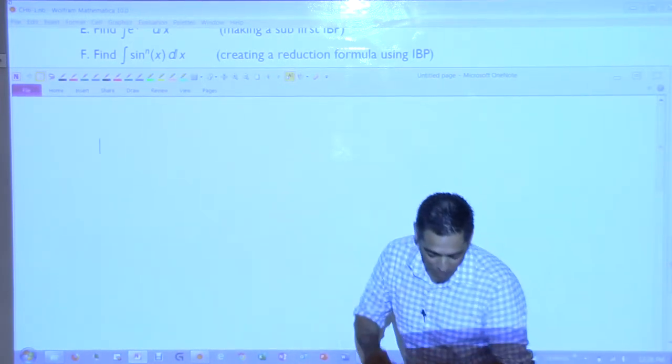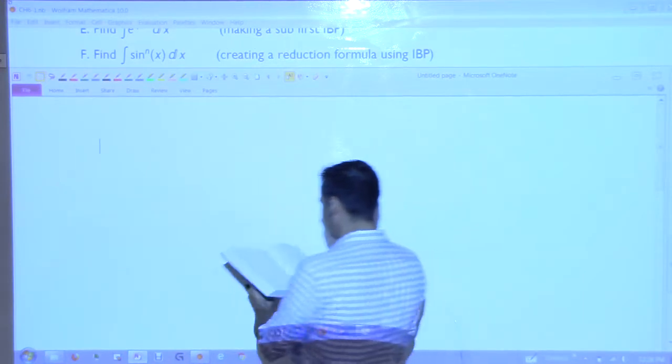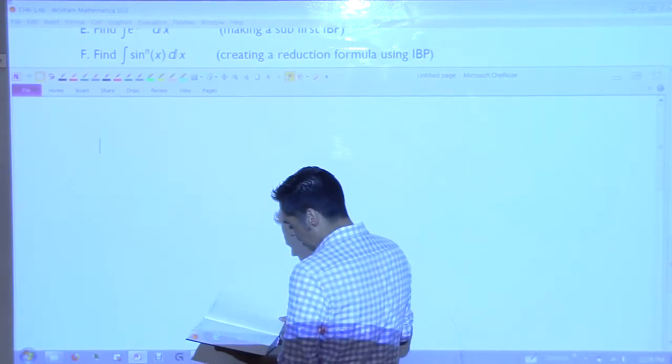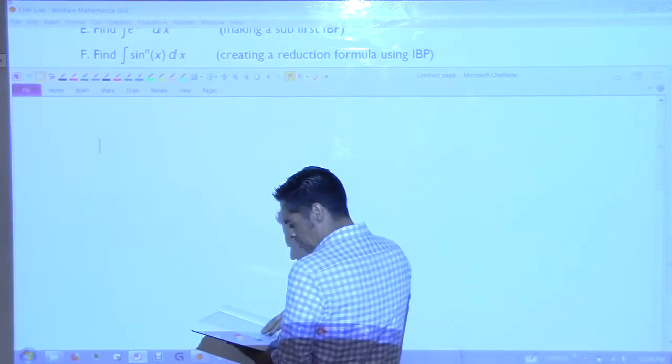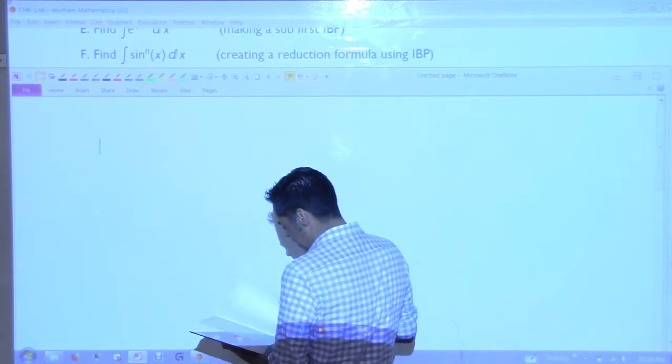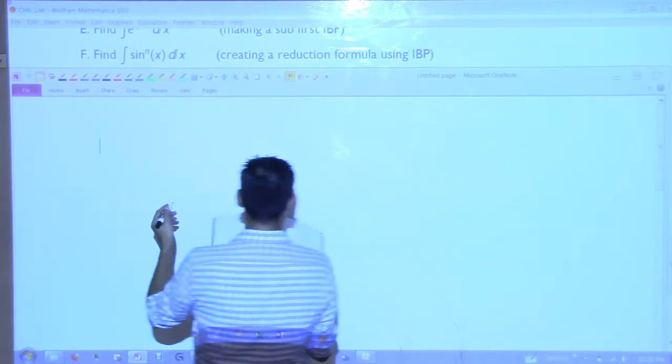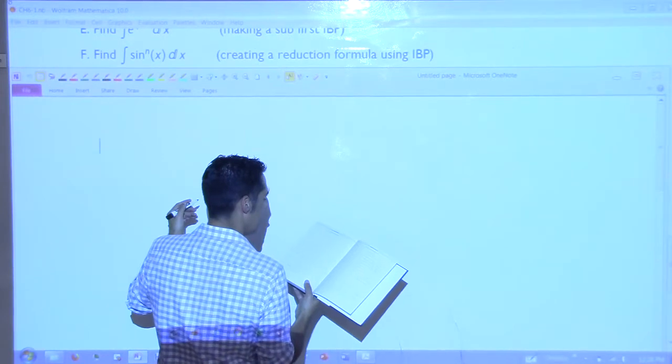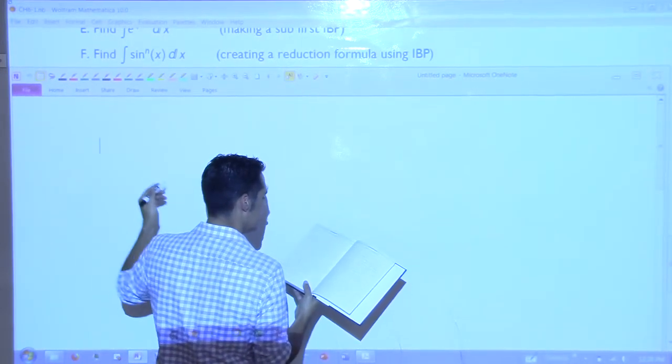So in the formulas, there's one on here, formula 70 something, there it is, 73.